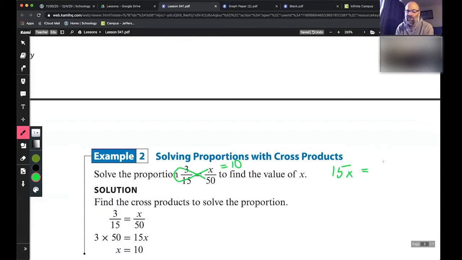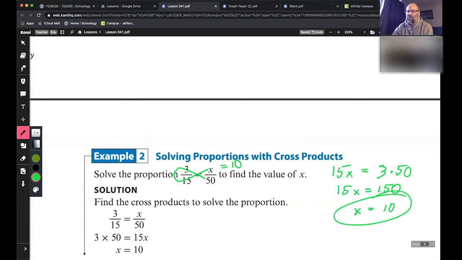So there's not a question. This is another way to do this, the cross product. So you could just write out the cross product. So 15 times x has to equal 3 times 50. And then simplify and solve. 15x equals 150. Divide by 15. So either way, you're dividing 150 by 15 to get 10.